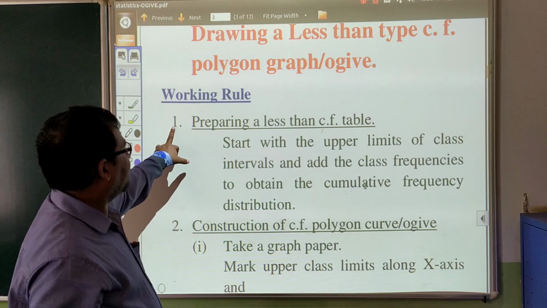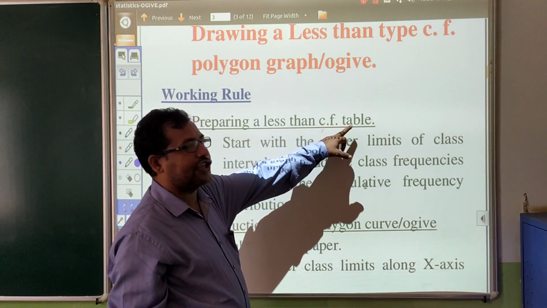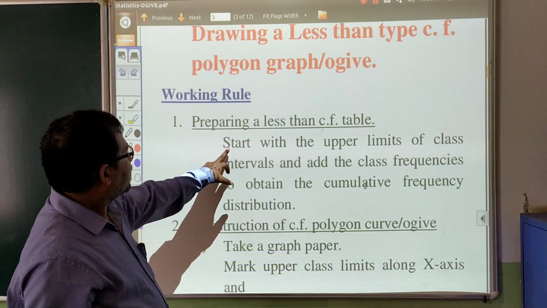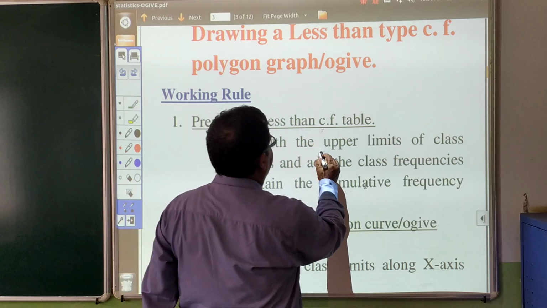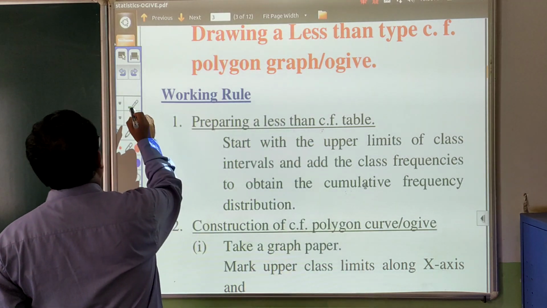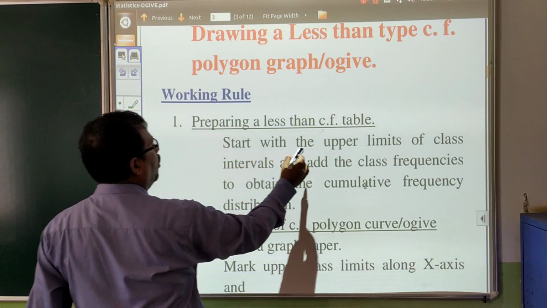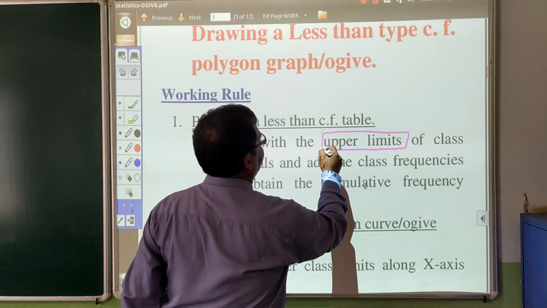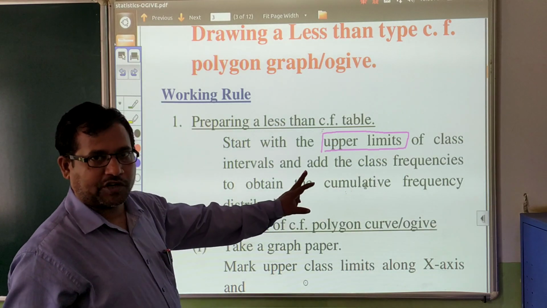Now look at the first one, preparing a less than cumulative table. Start with the upper limit. Please remember, we will start with the upper limit. It is very important.